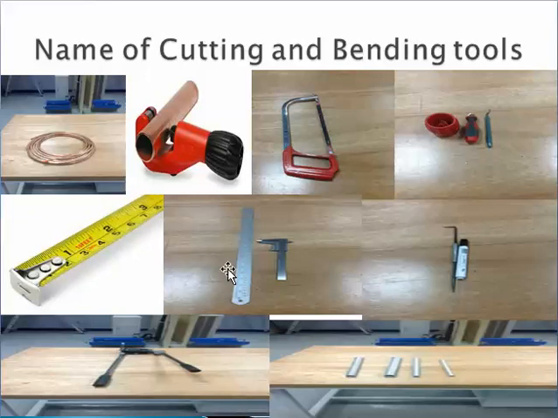Also this picture is to make a point on the tube. This picture is to bend the tube and the name is press bending. This picture is to bend the tube and the name is spring bender.